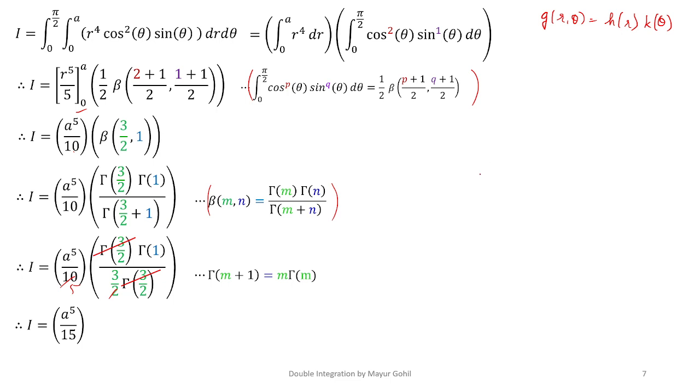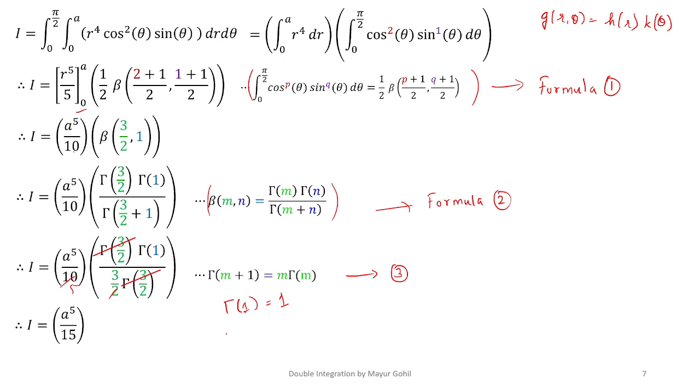This is method 2. Some important formulas are there. So this is the first formula. Then this is the second formula that is very useful, and the third formula: gamma 1, if you want to know the value, gamma 1 is going to be 1. This is integer number 1, so do not worry, gamma 1 is 1.